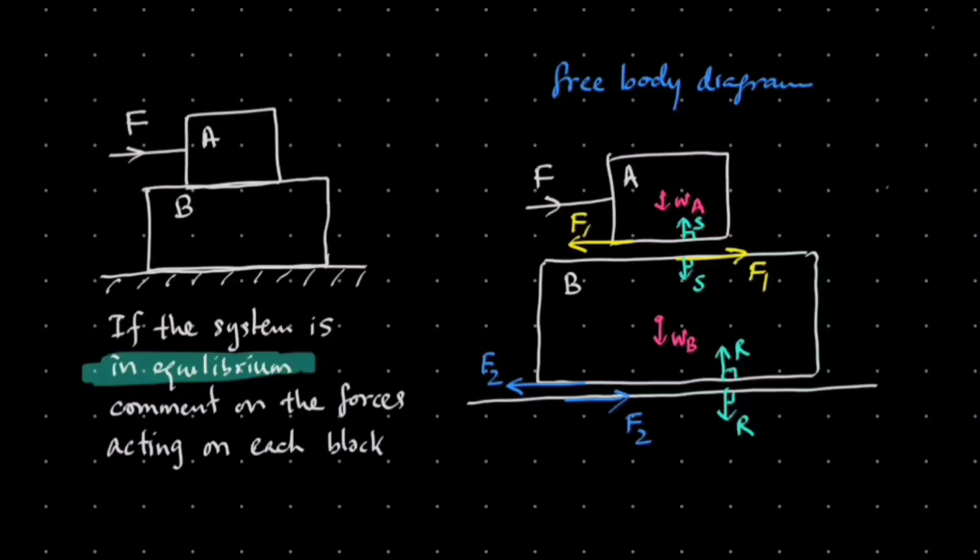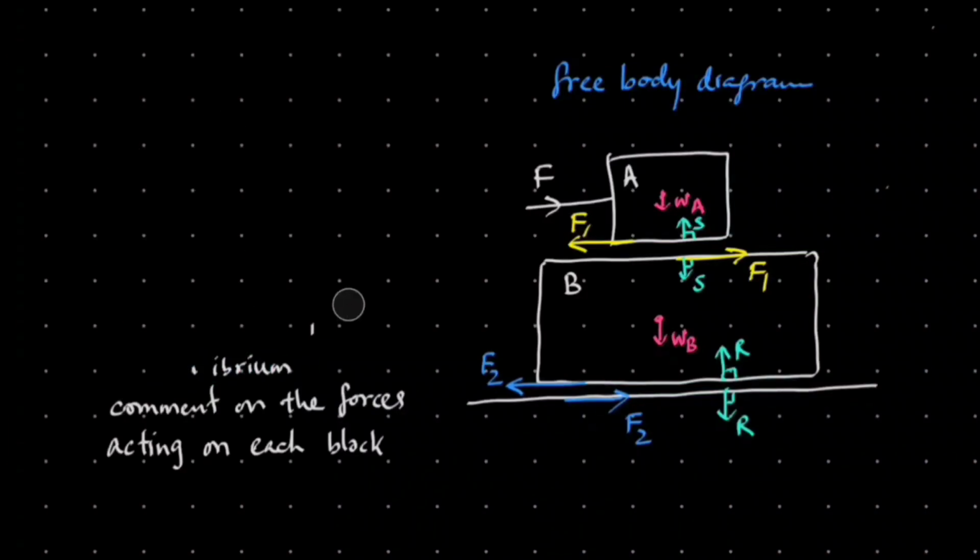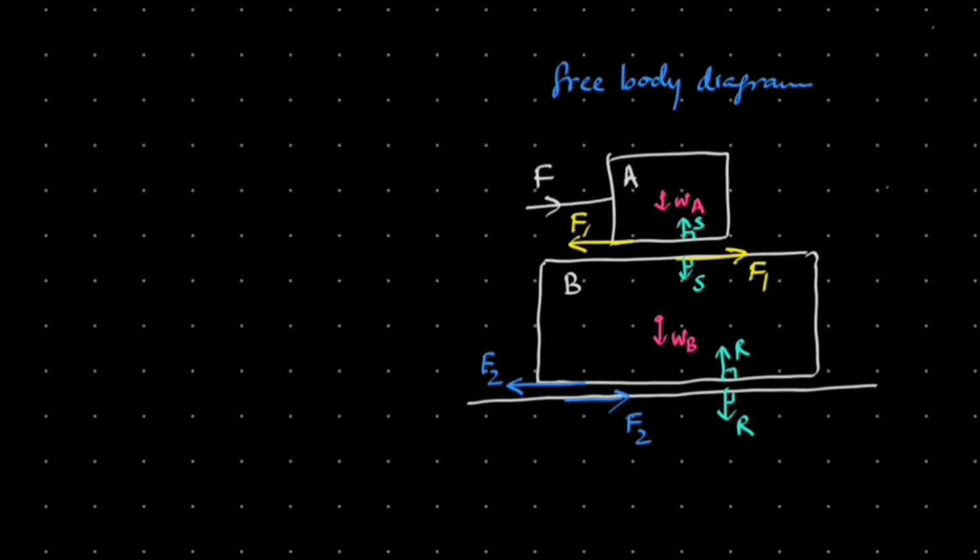Now let's think about equilibrium. If I think about equilibrium of block A, block A has two sets of forces, one horizontal, the other vertical.